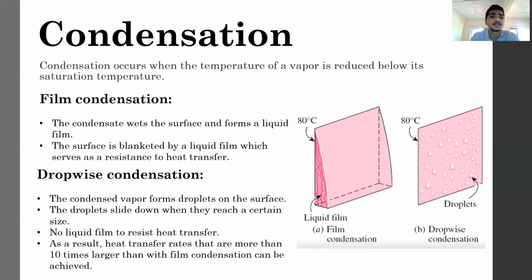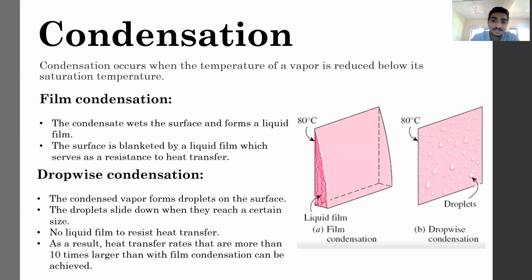So what is film condensation? In film condensation, the condensate wets the surface and forms a liquid film. The surface is blanketed by a liquid film, which serves as a resistance to heat transfer. We can see the first diagram, which is for liquid film condensation.